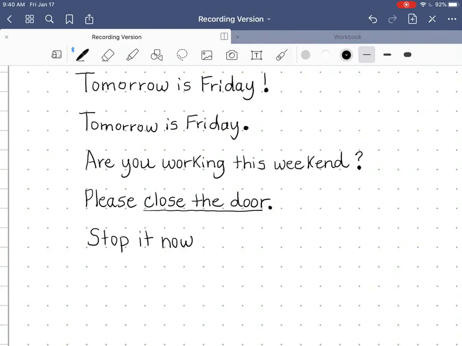No, it was, "Stop it now!" Okay? That is exclamatory. That has strong emotion. Okay? You see the difference between "please close the door" and the immediate command to stop it now. That one carries a little more force than the please.